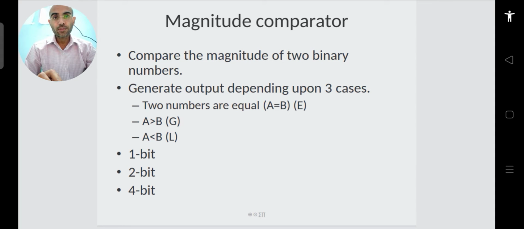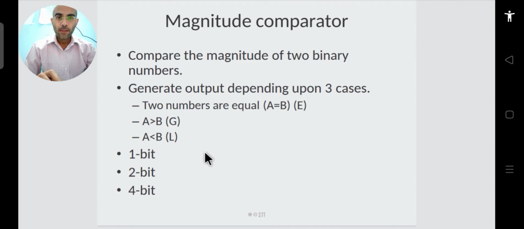If A and B are both equal, it will give one output. As I have told you, there are 3 cases which can arise; one of the cases will be correct and the other 2 will be wrong. So these are the 3 possibilities. This is the general circuit which compares the magnitude of two numbers, just the magnitude.